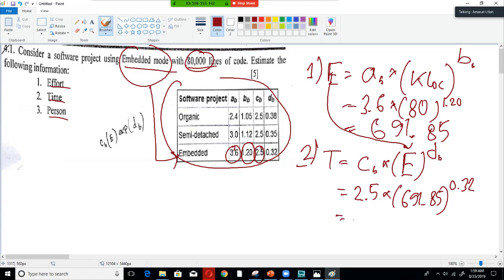So the value will be 2.5 into 691.85 to the power 0.32. The value is 20.26.